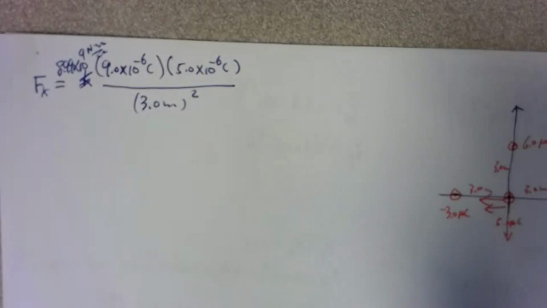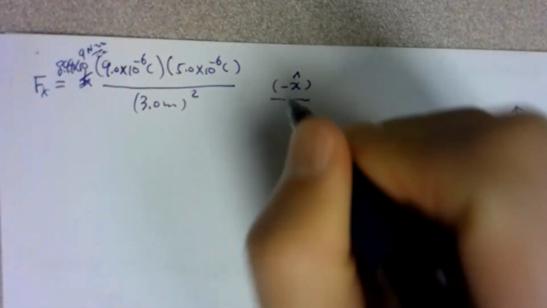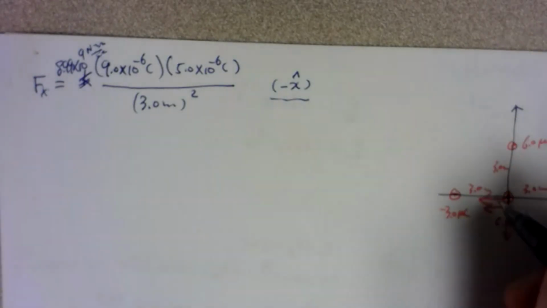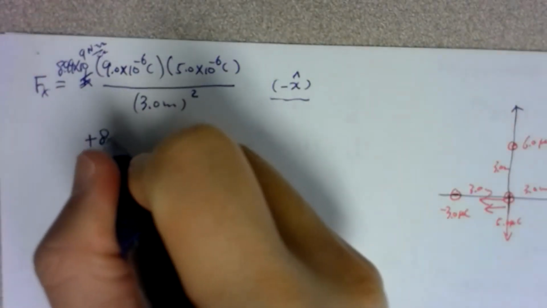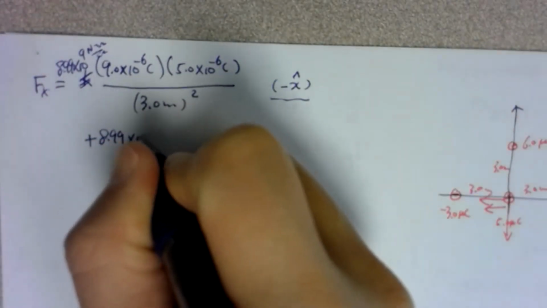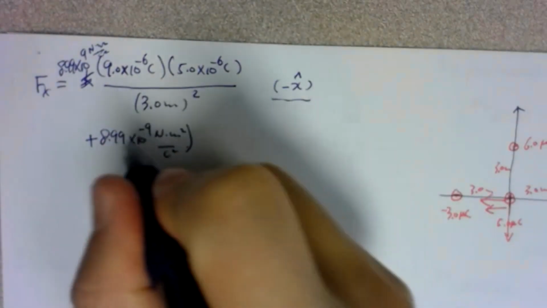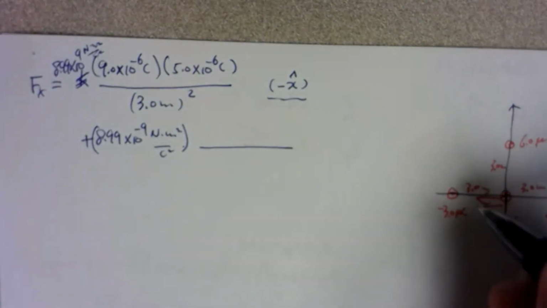So 8.99, and this is in the minus X direction. Let's just take a note on that, just for this one. And then for this guy, it's in the other direction. So plus, again, 8.99 times 10 to the 9 newton meter squared over coulomb squared for K times Q1 Q2. Okay, so this is negative.